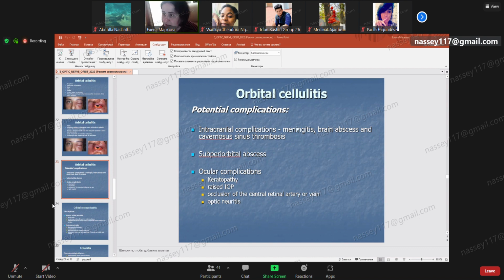It's cleaning: we need to make a cut, clean this region, and implant drainage for some days. It's typical surgery. But it's very important to use special antibacterial drugs together with surgical treatment. It's a very important moment.